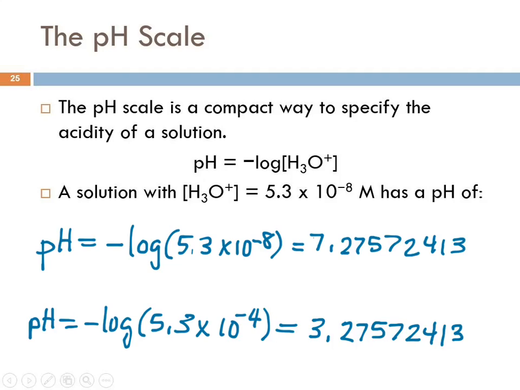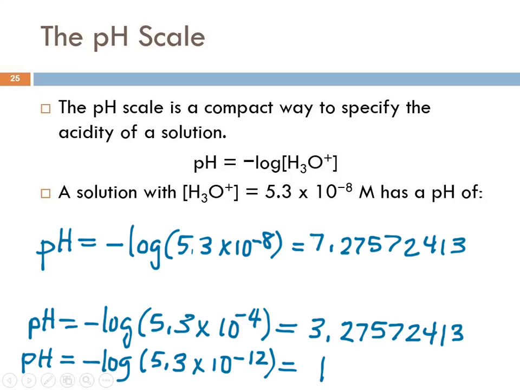Did I get it right? I can do logs in my head. Let's do another one. How about 5.3 times 10 to the minus 12? It's 11.27572413.